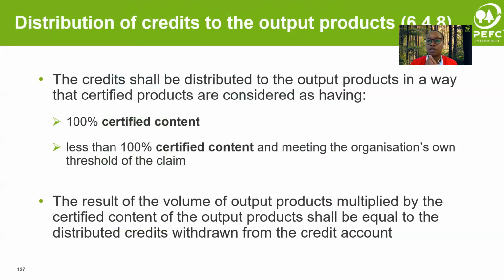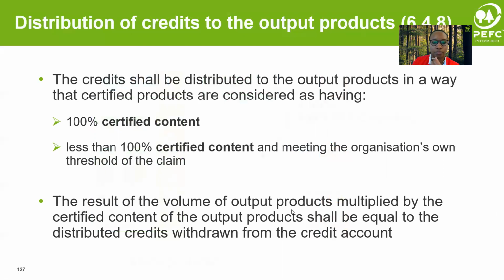So basically it will depend on the demand of your client or your PFC customer. The volume of output products multiplied by the certified content of the output products needs to be equal to the distributed credits withdrawn from the credit account. Here, the key word in this statement is equal.